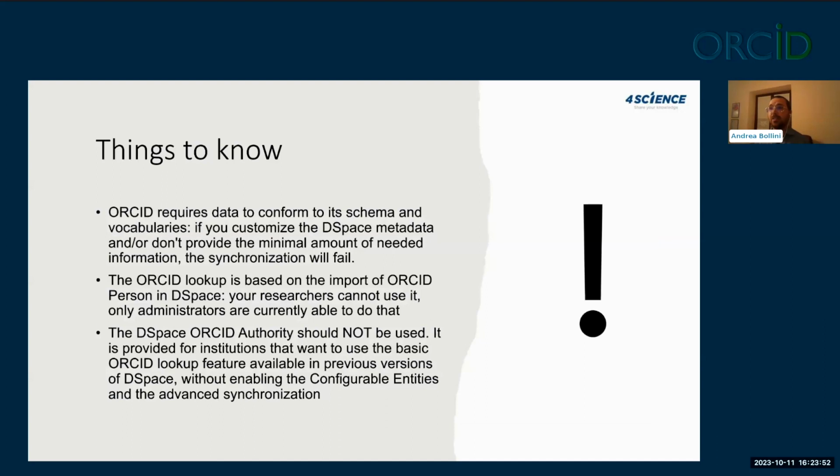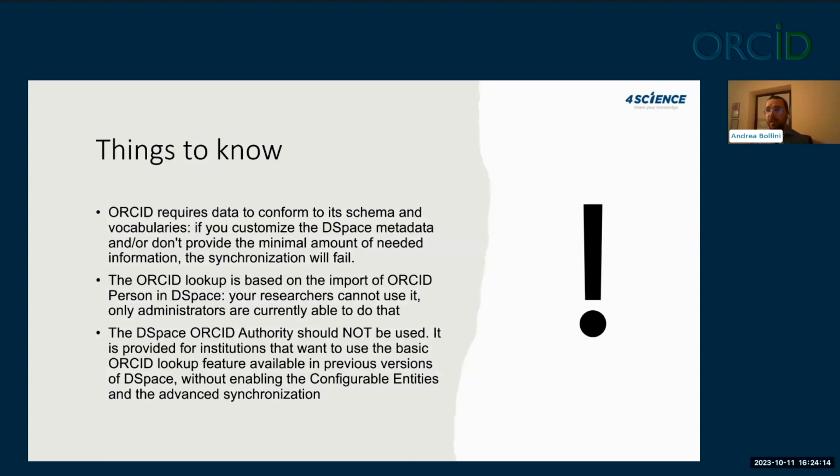ORCID has a validation rule on their side. So some fields are mandatory, other fields are subject to controlled lists, to vocabularies. If you make changes to your DSpace metadata, or if you don't provide enough information in your record, the synchronization could fail.